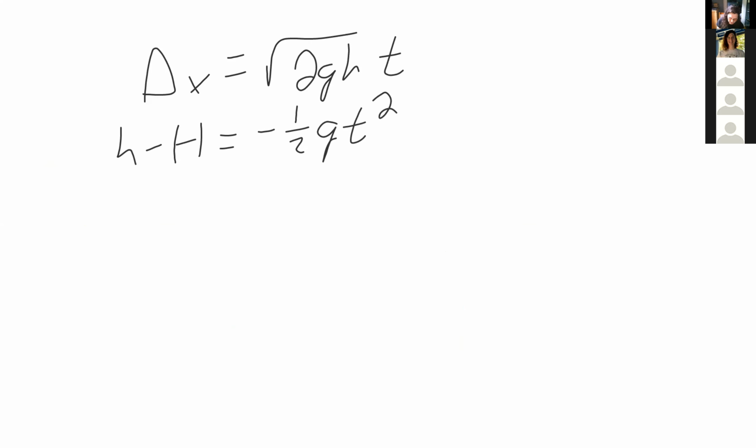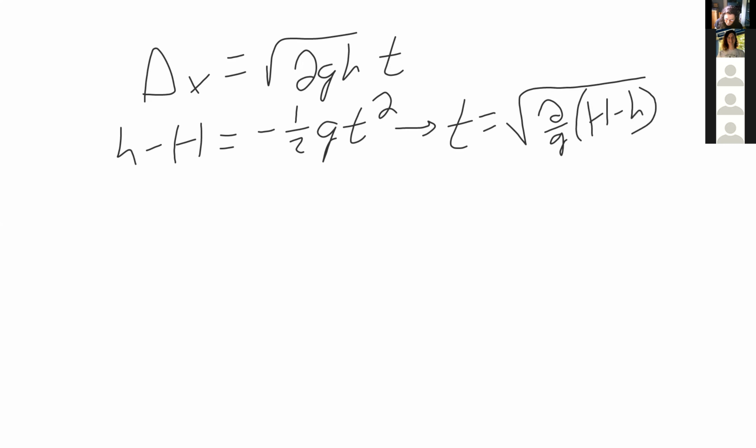And we could cancel out those negatives if we'd like. We cancel out the negatives and take the square root, solve for the t here, and we get that t is equal to the square root of 2 on g times big H minus little h. And I can plug this into the equation up above.